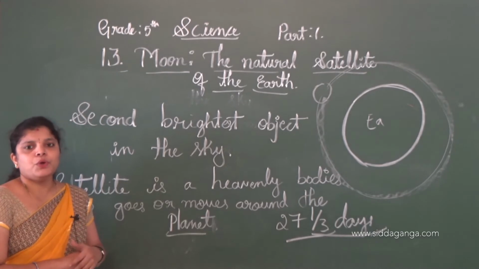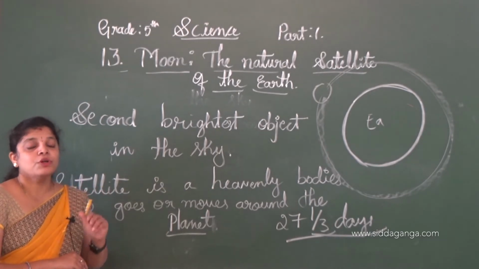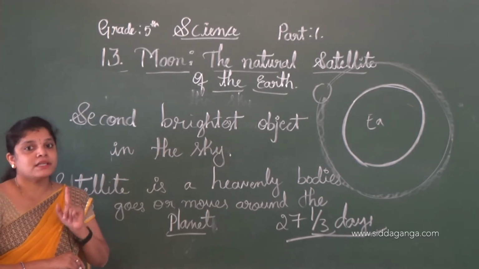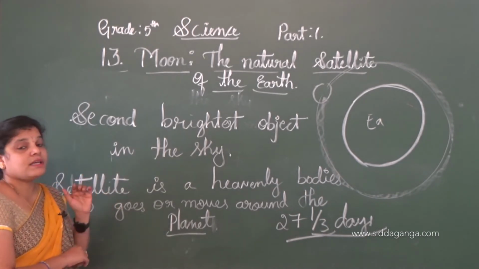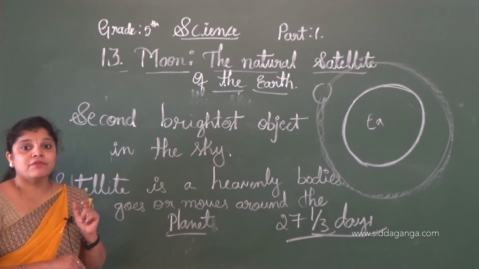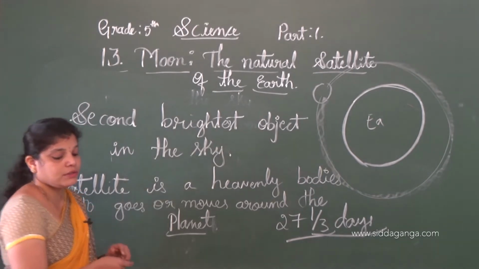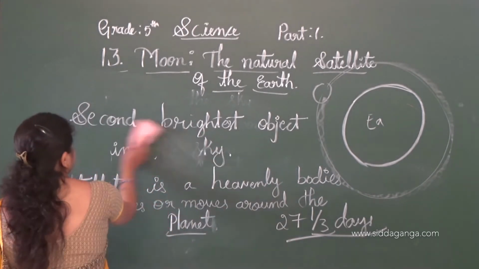Do you know the distance between the earth and the moon? The distance between the earth and moon is 3,84,400 kilometers.